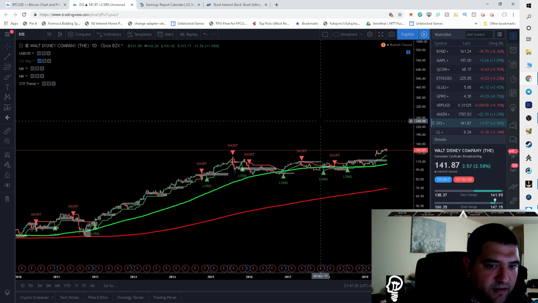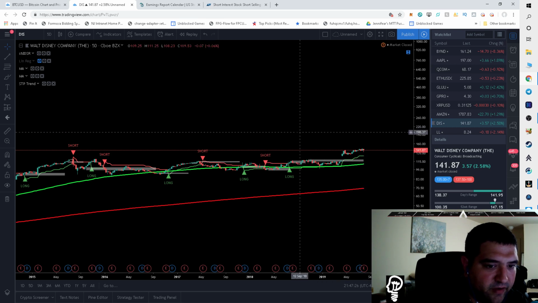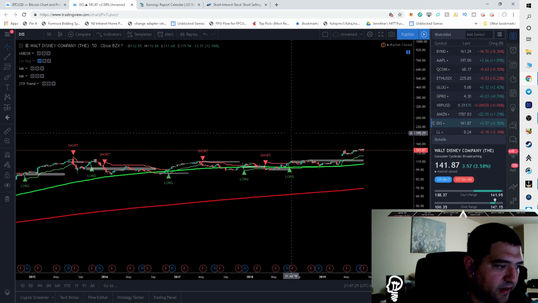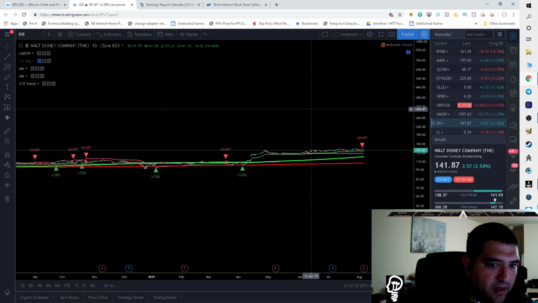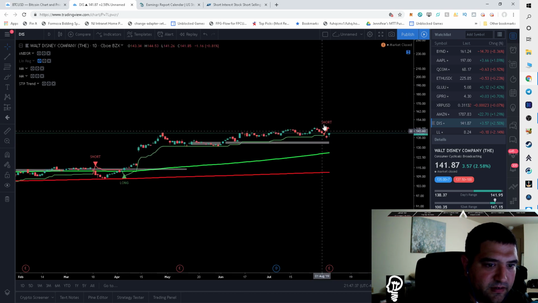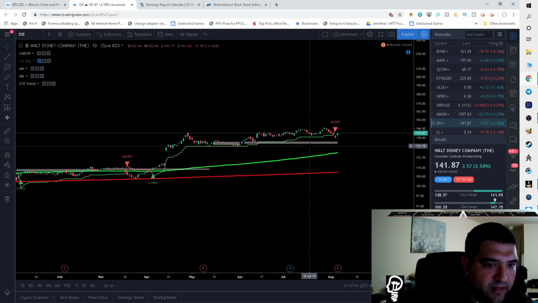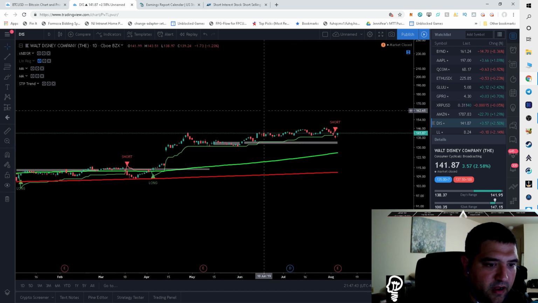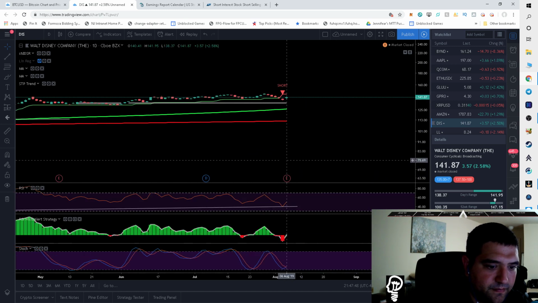So Disney, yeah, I wouldn't doubt if we tested this $120 area, right by the 150-day moving average. Yeah, that gap is huge. Even on the daily we got a short signal, right? I didn't even know that existed. Did this just happen?